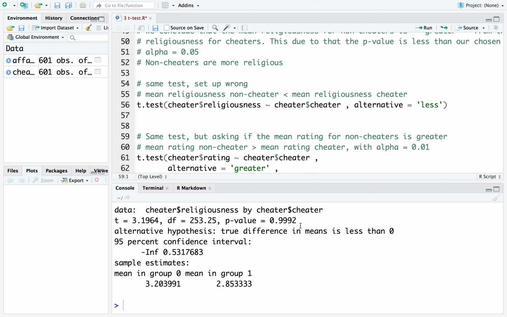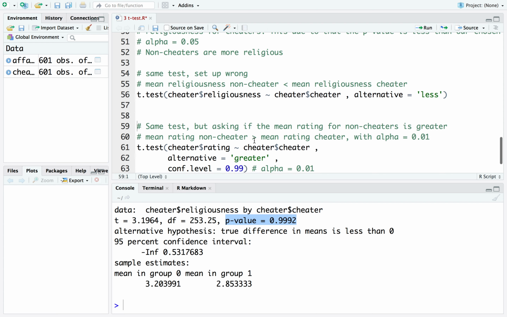Nope. Here we have a p-value that is way above 0.05. And again, we can't conclude anything here, so we'll just leave that one alone.